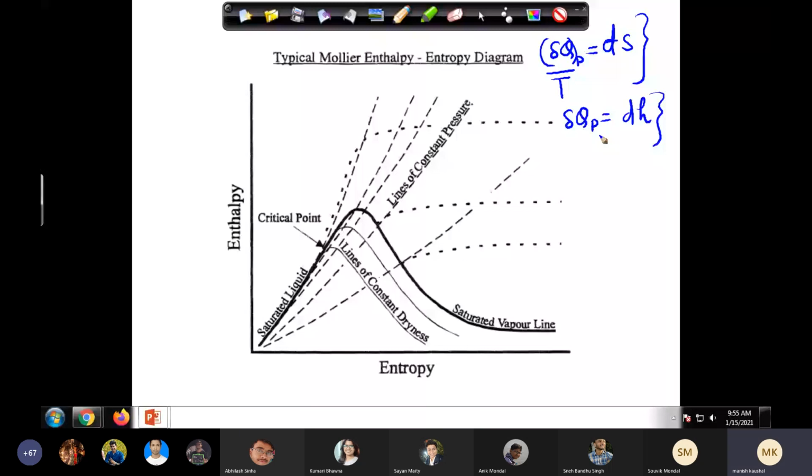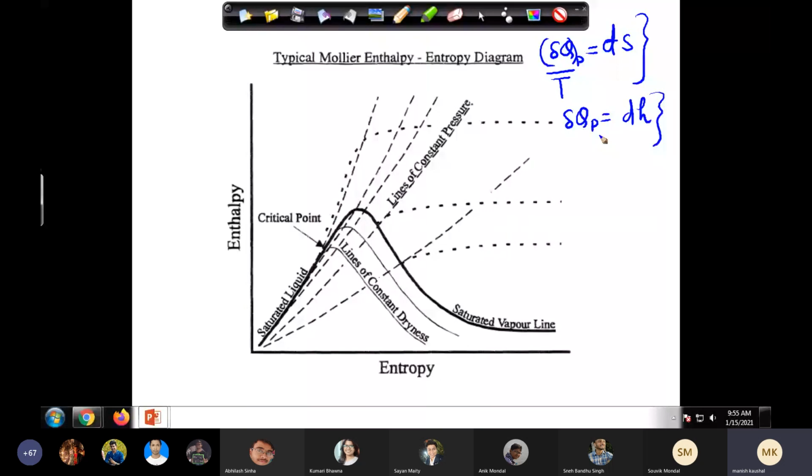So if you know heat change and if you know temperature, you can calculate both H and S. And once you have knowledge of both H and S, you can create this Mollier diagram. That is point number 1. Now we have some idea that yes, an H and S diagram can be created if we can measure the heat change and the temperature. Okay, fine.